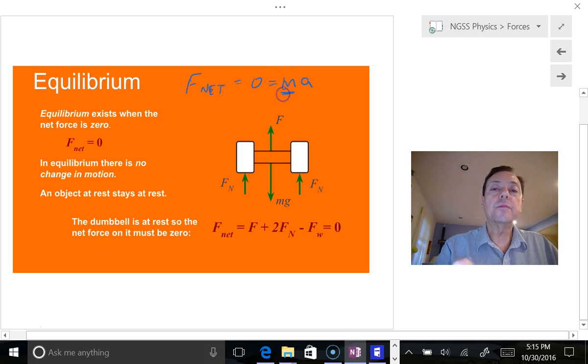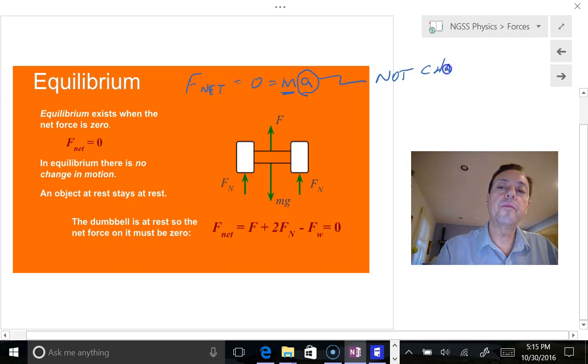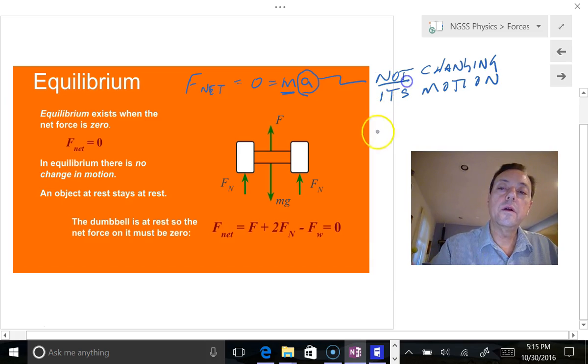Well, the mass hasn't dropped to zero, but the acceleration certainly has. And what that tells us is that this mass is not changing its motion. It's not accelerating.